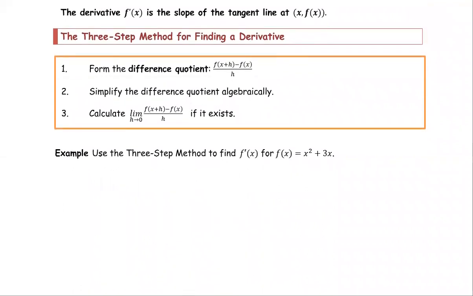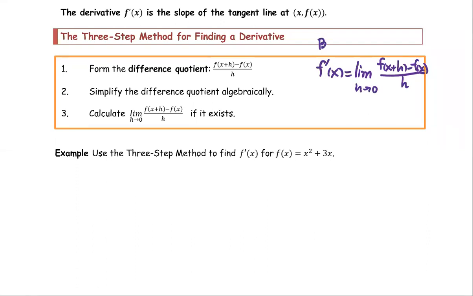We are talking about the limit definition of the derivative, which is f prime of x equals the limit of the difference quotient, f of x plus h minus f of x, divided by h, as h approaches 0.